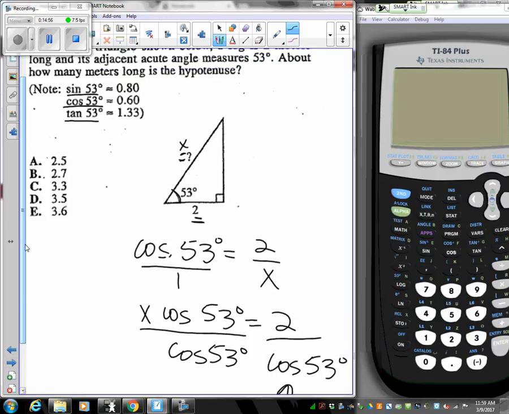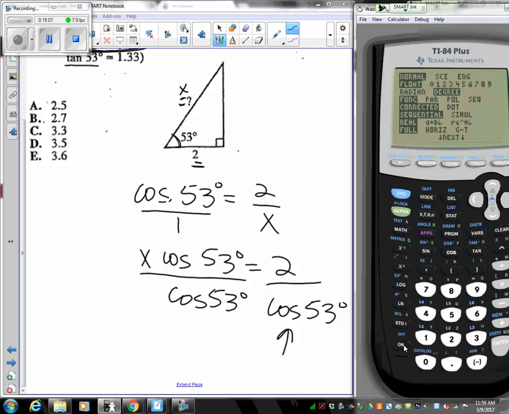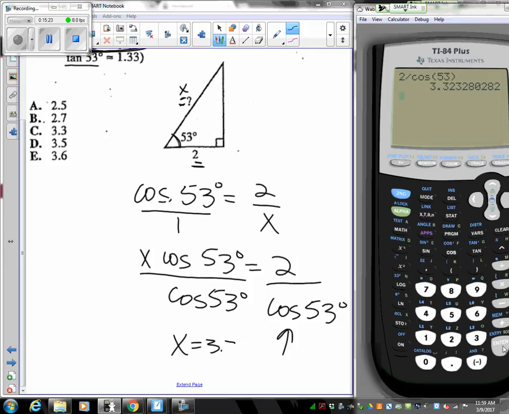But since the problem tells you what the cosine of 53 is, they expect you to divide by that. Realistically, if we have a scientific or graphing calculator, it has to be in degree mode, we just type in 2 divided by cosine of 53. There we go. We get 3.3, and you can see that's C.